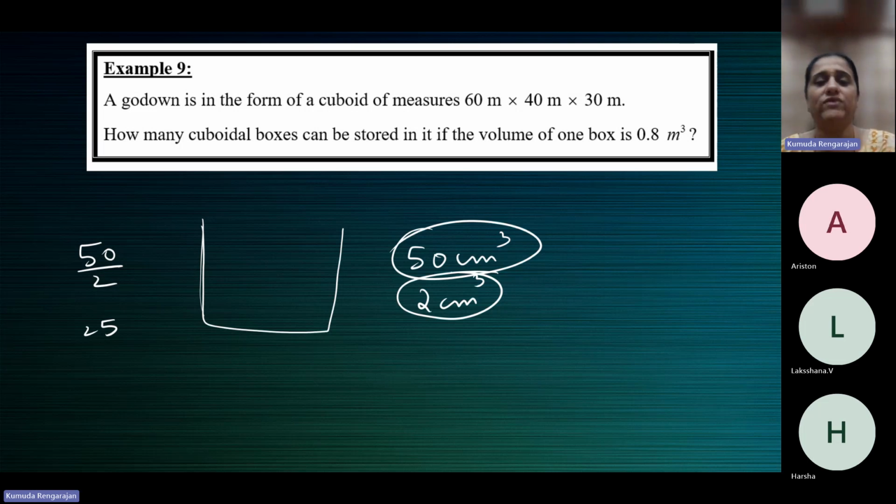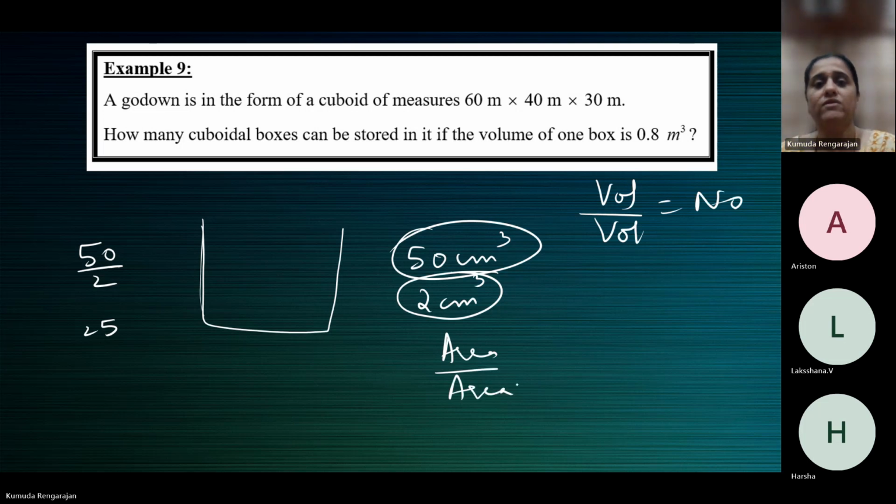50 by 2, 25. I've mentioned this once earlier, that volume by volume will give us a number, and area by area also will give us a number. When you divide area by area, it will give you a number. Volume by volume also will give you a number. I'll give you an example.